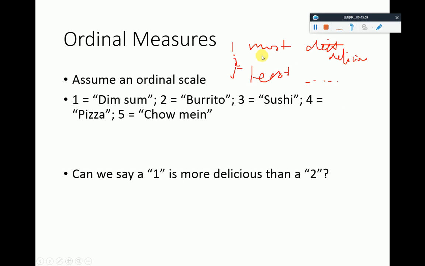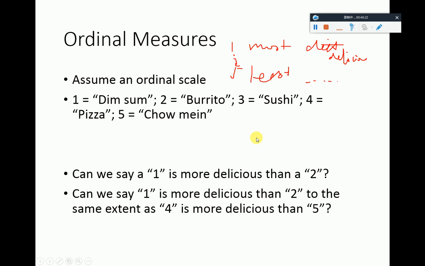We certainly can, because we specified ahead of time to use 1 to indicate the type of food that's the most delicious, and 5 to indicate the type of food that's least delicious, with 2, 3, 4 in between. So definitely 1 is more delicious than a 2. But can we say that 1 is more delicious than a 2 to the same degree as 4 is more delicious than 5? Can we say that? Think about it.